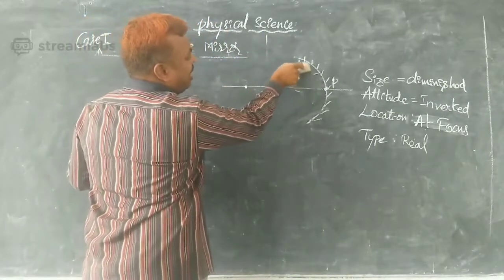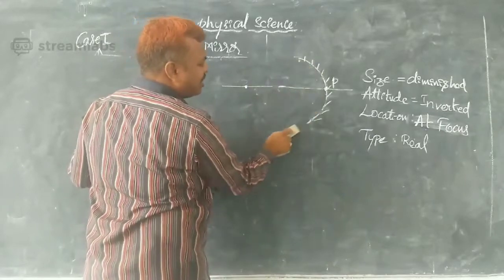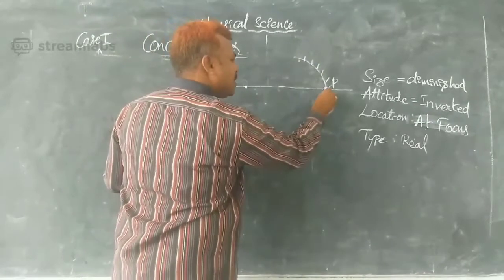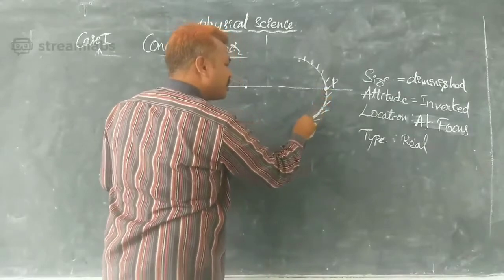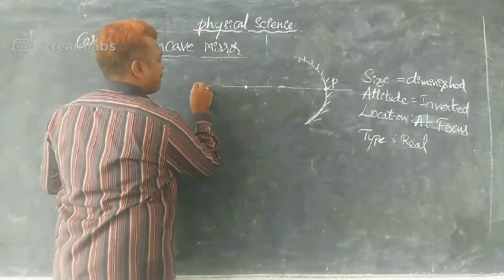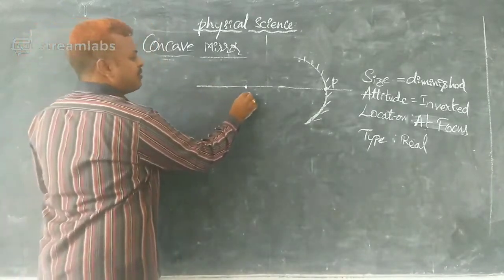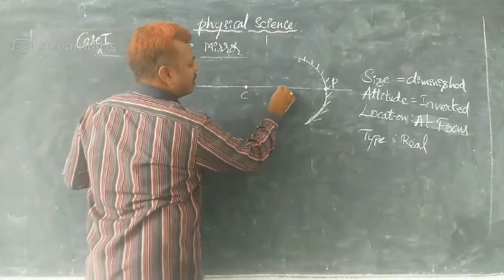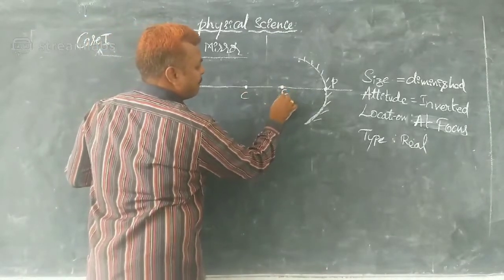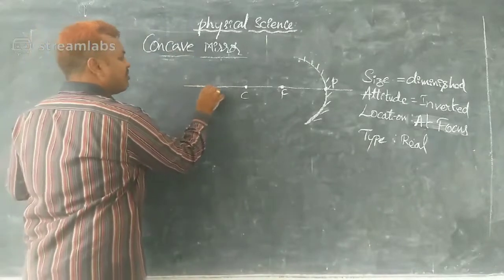This time I will take only 2 rays. One ray is from the object and another ray is also from the object but going through the focus. Right? This is center of curvature, focus. So here beyond the center of curvature I place.